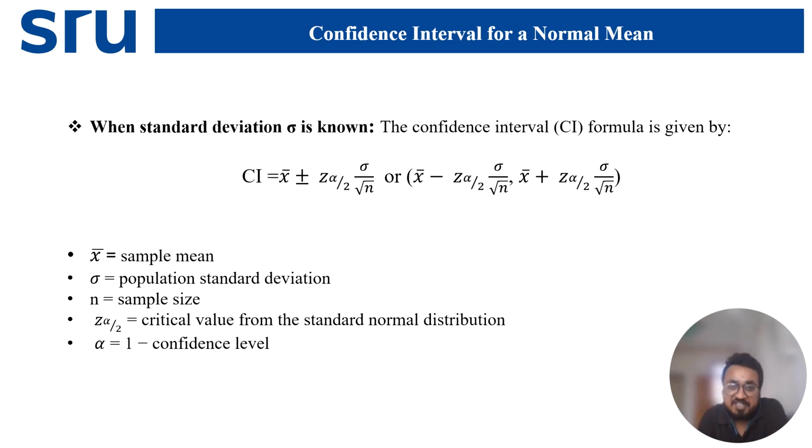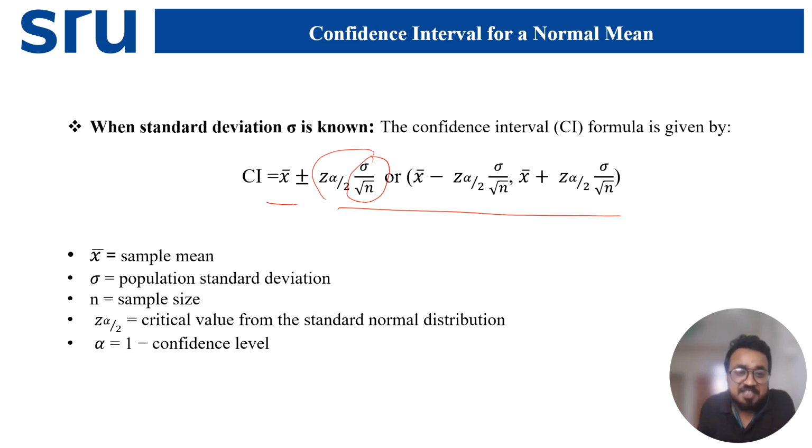When sigma is known, the confidence interval is given by x bar, which is the theta cap, plus minus the margin of error. This margin of error depends on the standard error.